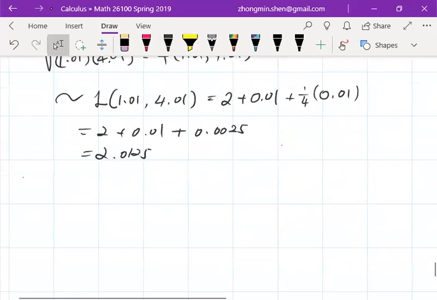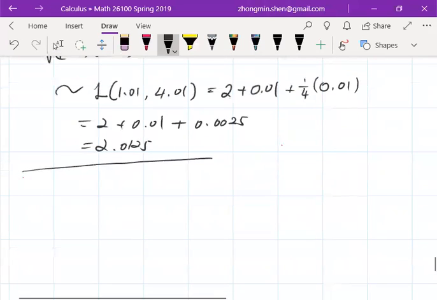So now I'm going to introduce a new concept, the so-called differential of a function. Before we do that, I need to give a definition of when a function in two variables is differentiable at some point.